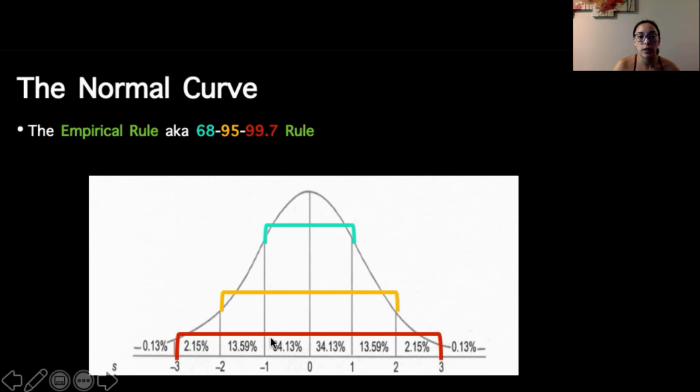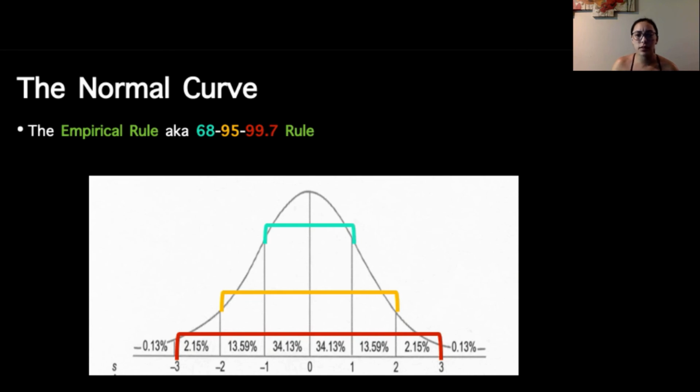Maybe you wanted to know what percentage of individuals lie between -1 and +2 standard deviations from the mean. Again, you add up the percentages, and that relatively is the number or amount of people in your sample that exists between those 2 standard deviations.